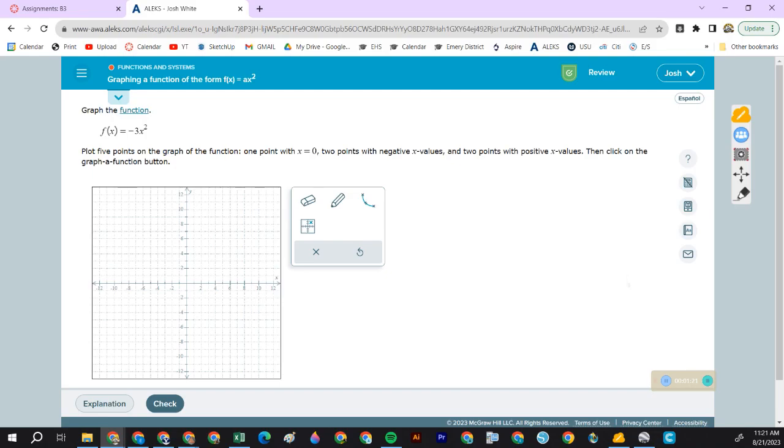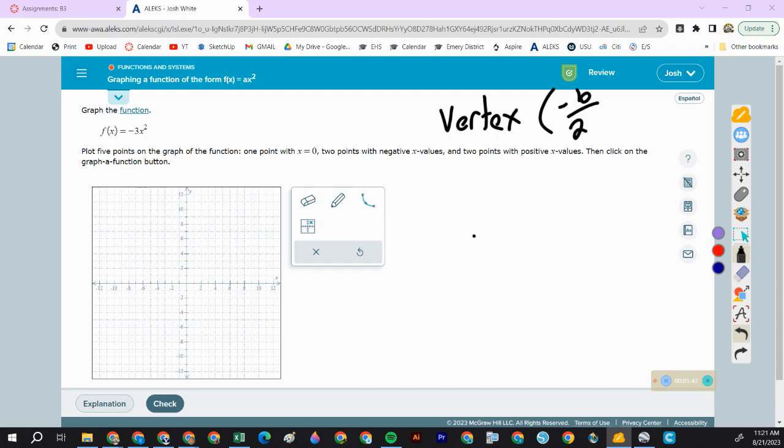So here's my function, negative 3x squared. I recommend that you build a table. Well, actually, let me use a calculator on this one. The vertex of a quadratic is going to be at negative b over 2a, comma, whatever the y value is. So how do we graph a quadratic?